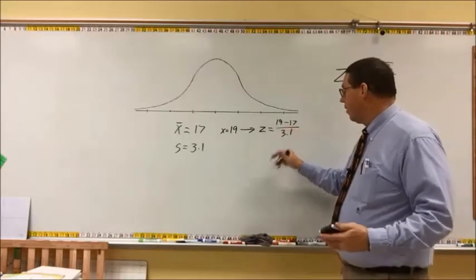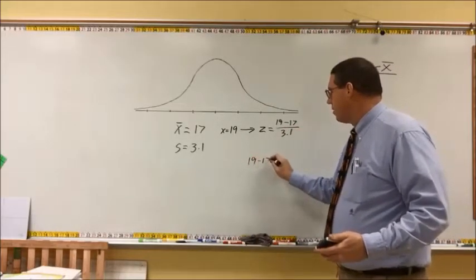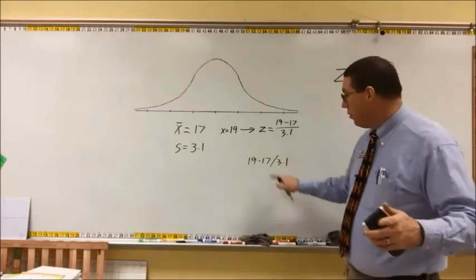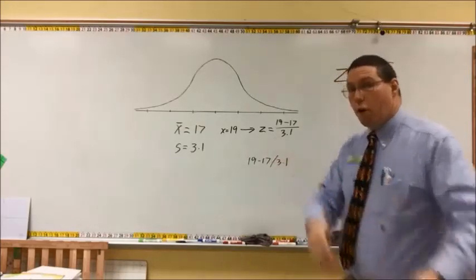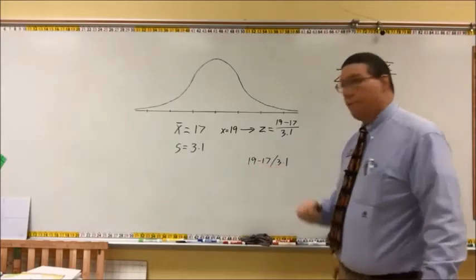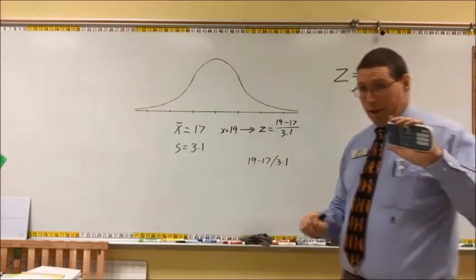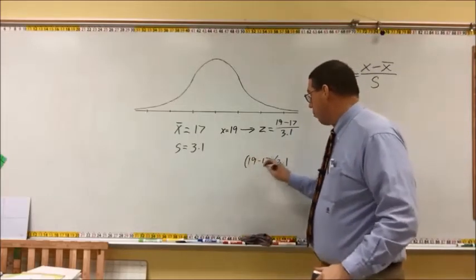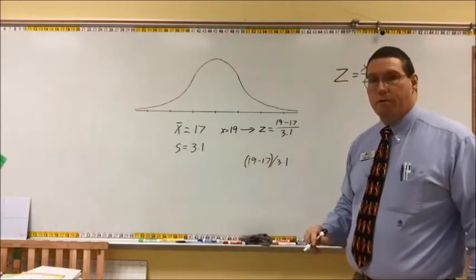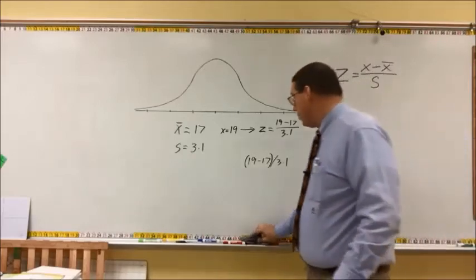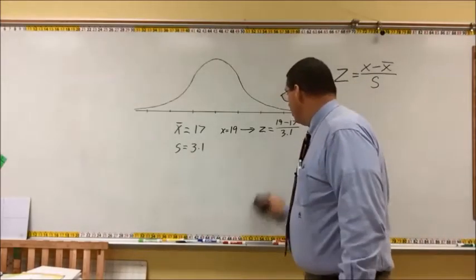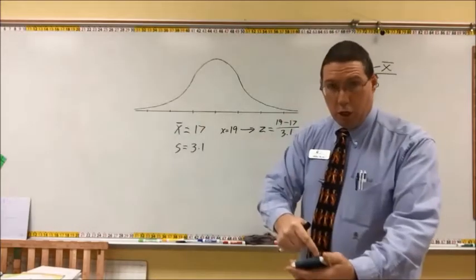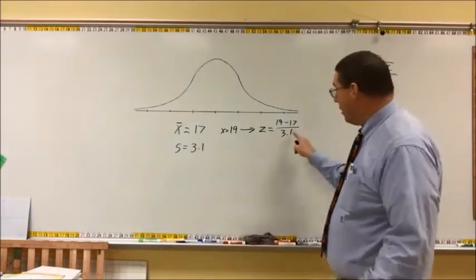Now, you've got to be careful here. You can't type in 19 minus 17 divided by 3.1, because the calculator is going to do 17 divided by 3.1 first and then subtract it from 19, because the calculator follows the order of operations. So you can either put parentheses around 19 minus 17, or you can do what I do: I do 19 minus 17, press enter, get my number, then I divide by 3.1.